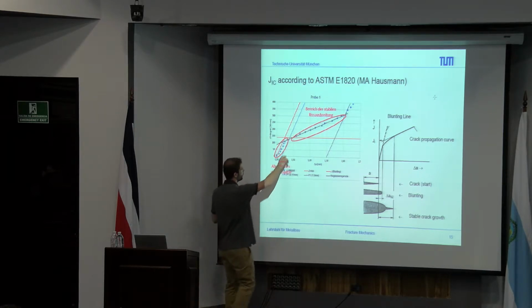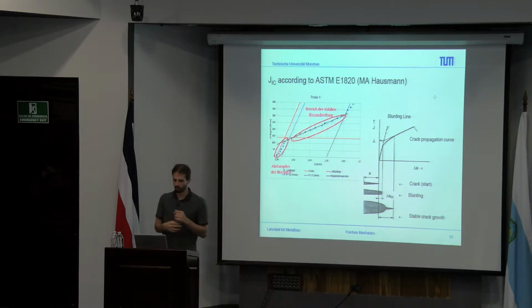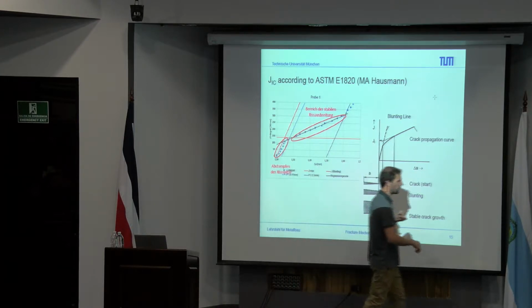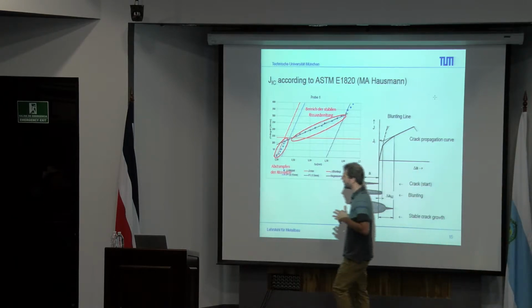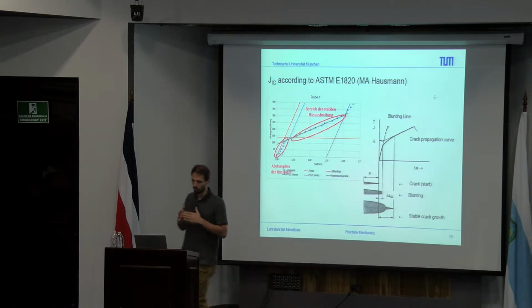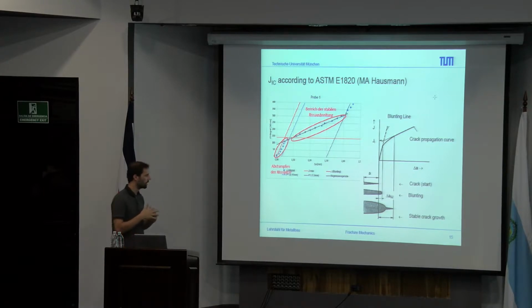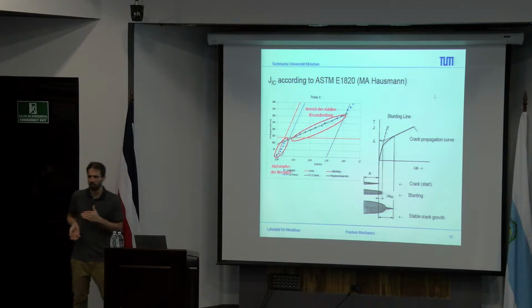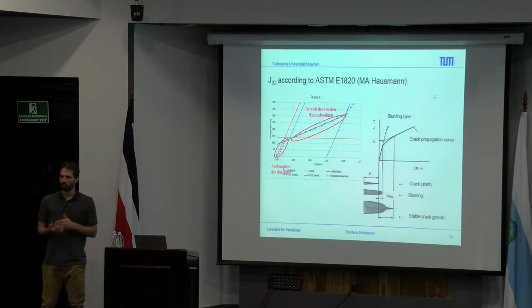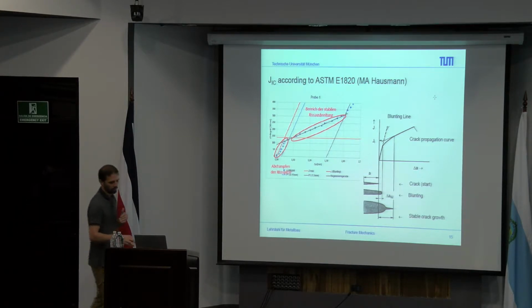The intersection at the same time is the point where we define the K threshold for the crack propagation, and so this is the point which is mostly of interest here, to get the point where we have some stable crack propagation, and where we just have a starting information due to the crack size and due to the stress intensity.